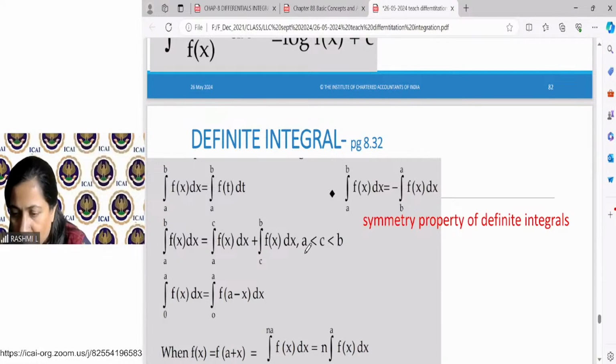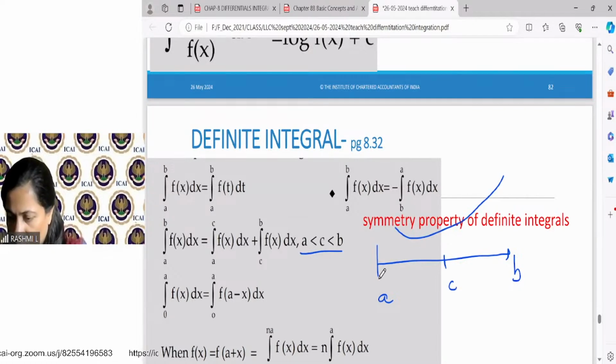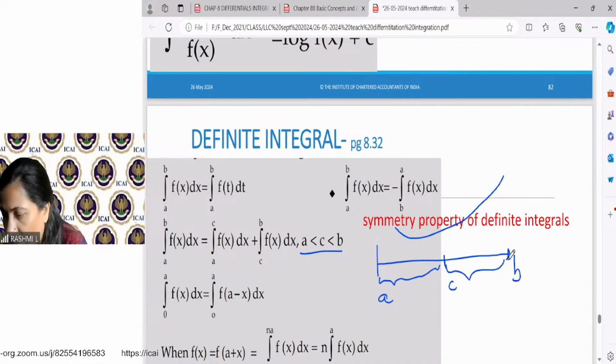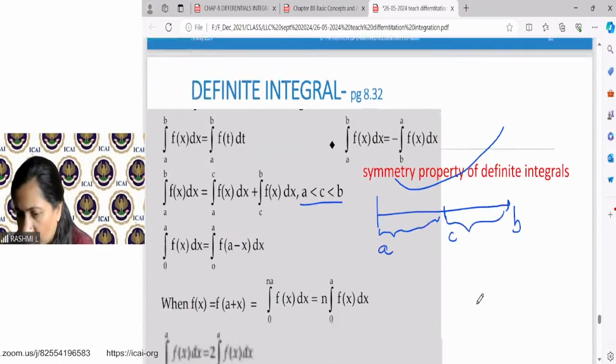And if I have A to B, then I can go from A to C and then C to B. So if I want to find the integral between these 2 points of the curve, I can have a point C. First I will find the integral up to here and then up to here. So if there is some point of inflection, then you could do that.